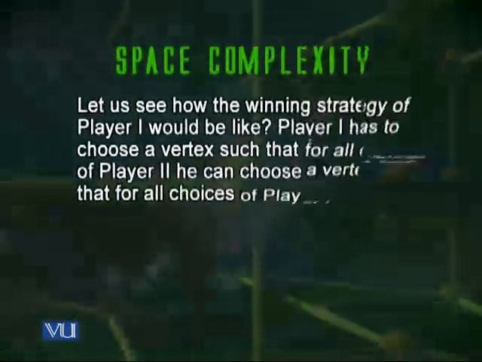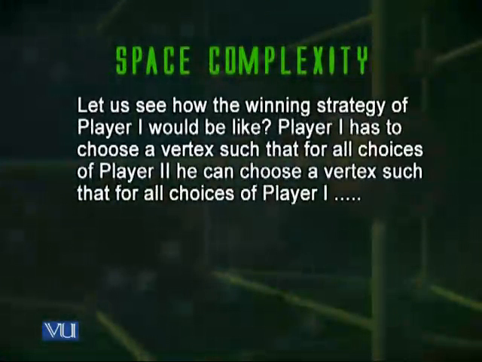If you want to solve this problem computationally, you will have to write a program which will take as input a directed graph and a designated node in the graph. And this program will decide whether the first player will win this game or whether the second player will win this game.